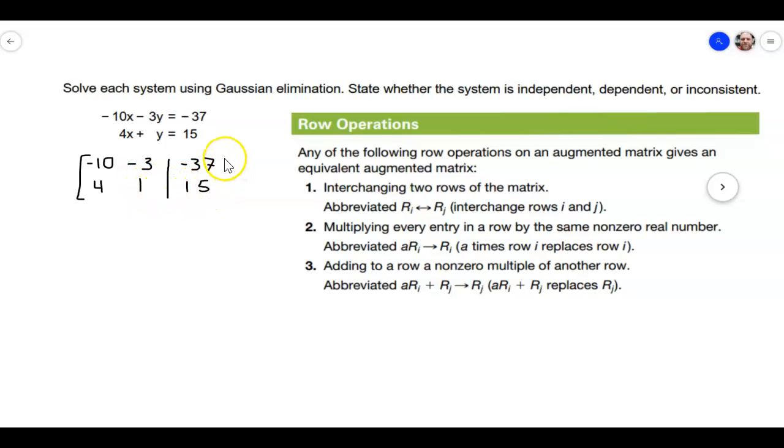All right. Now, what I want to do is solve for both x and y. And I can do that by using these row operations. These are the same kind of things that I can do to normal equations, right? I could normally multiply an equation through by a number. I could switch these two equations around, putting the bottom one on top and the top one on the bottom.